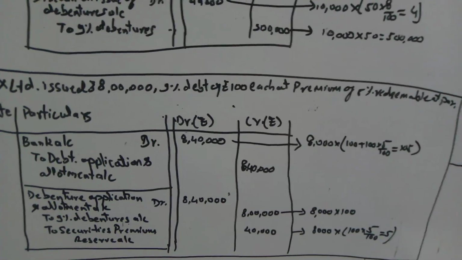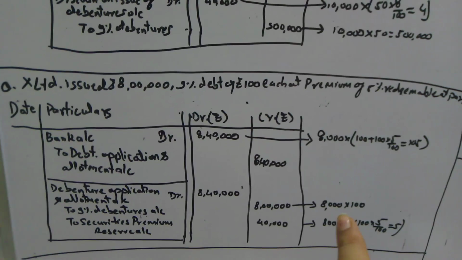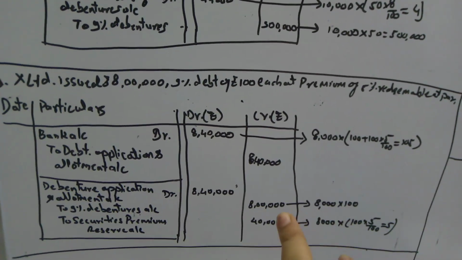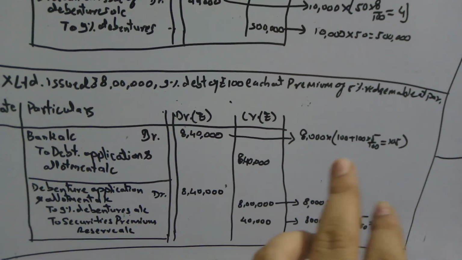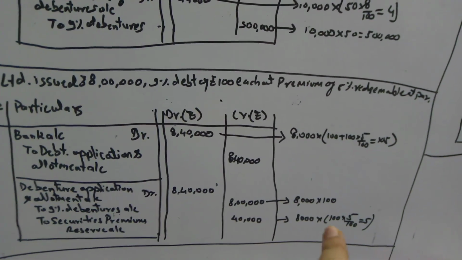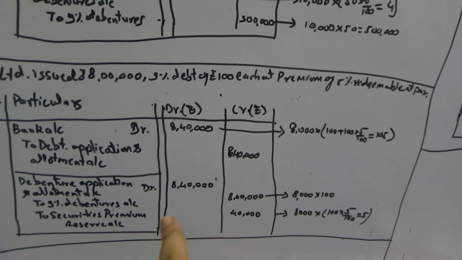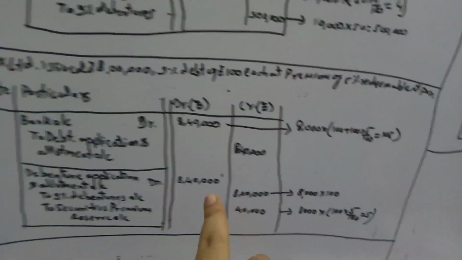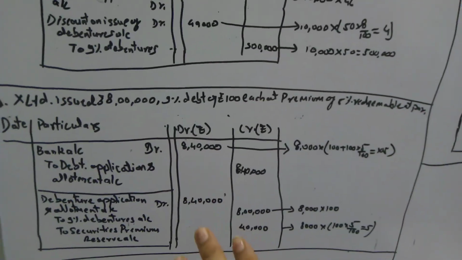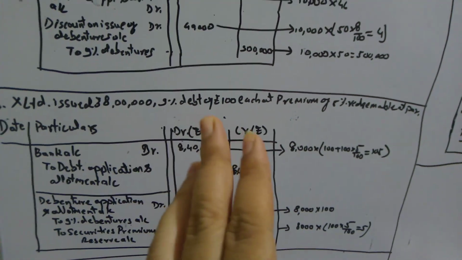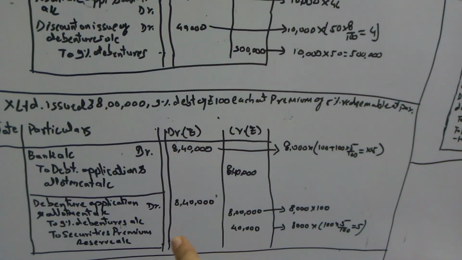So you multiply the number of debentures with its face value or nominal value, that is 100, so 8 lakh. Securities premium is the premium amount, 5% of 100 is 5. 8,000 into 5 is 40,000, and adding this up you will get 8,40,000. So this is the case when it is issued at premium and redeemed at par.